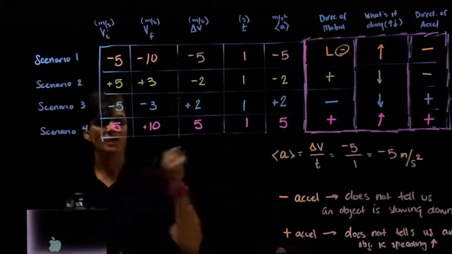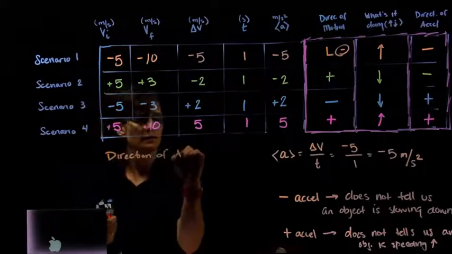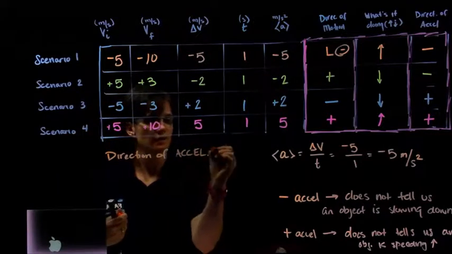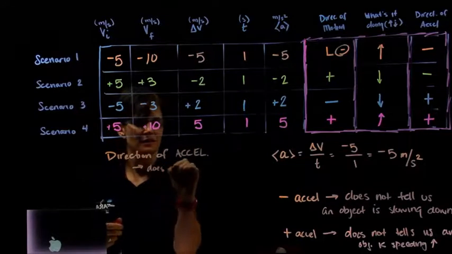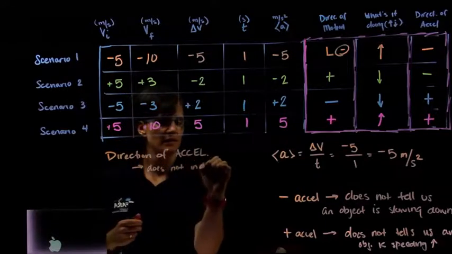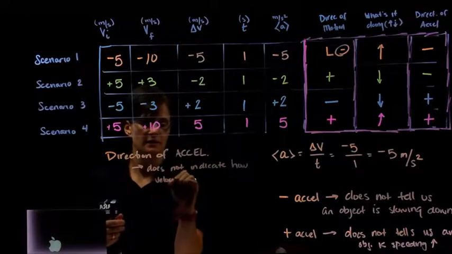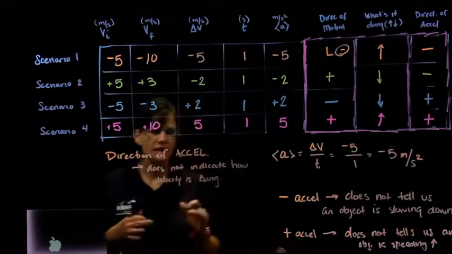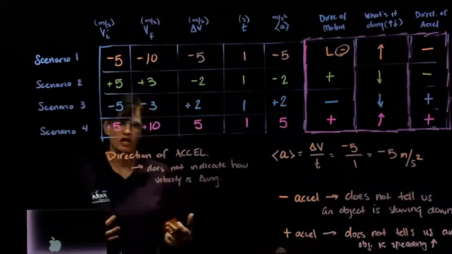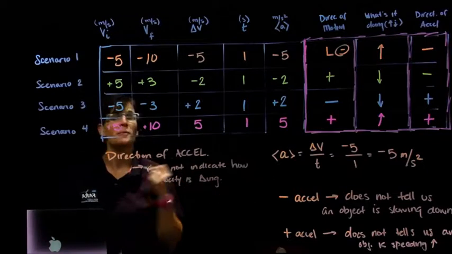So the direction of acceleration does not indicate how velocity is changing. It does not indicate that the object is getting faster or getting slower or turning a corner.